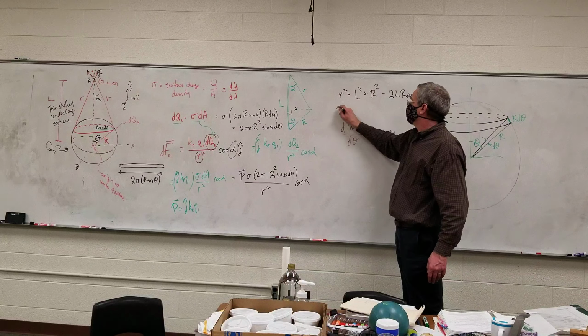So this becomes 2r dr is equal to, well, L is a constant. It is the distance between the center of the sphere and where the object is, and so the derivative of L squared is 0. R squared, big R squared, that is the radius of this sphere. That is part of the problem, is we have a sphere of a certain radius. This is also constant for this problem, so that is 0. These are all constants.